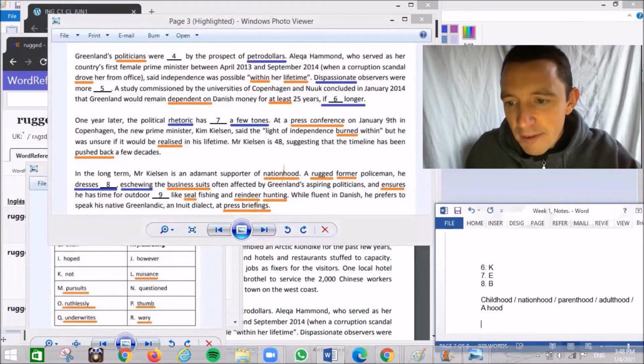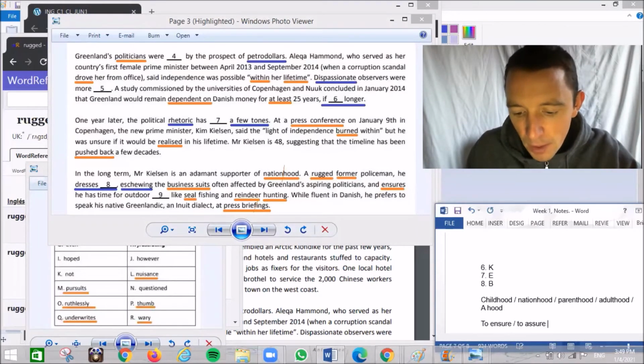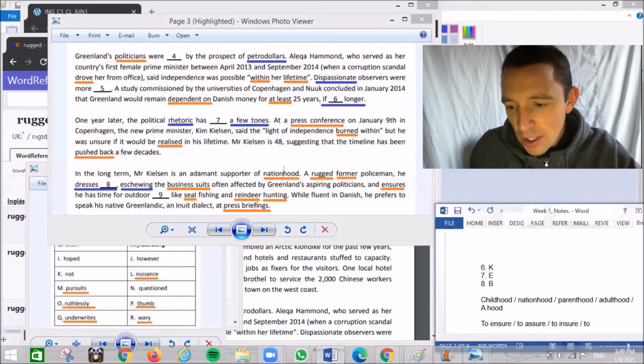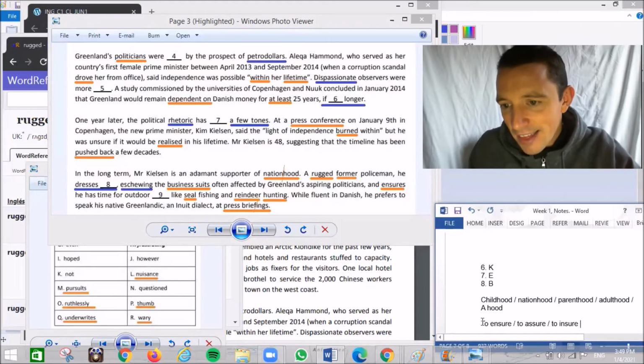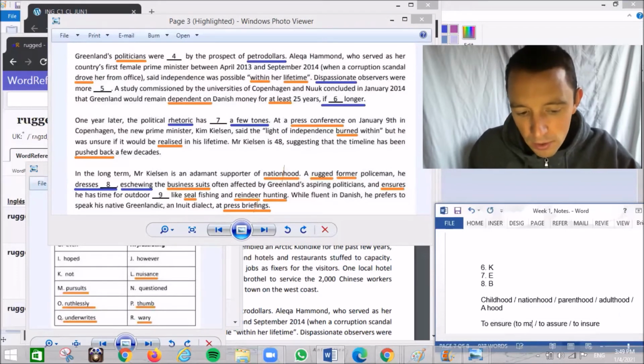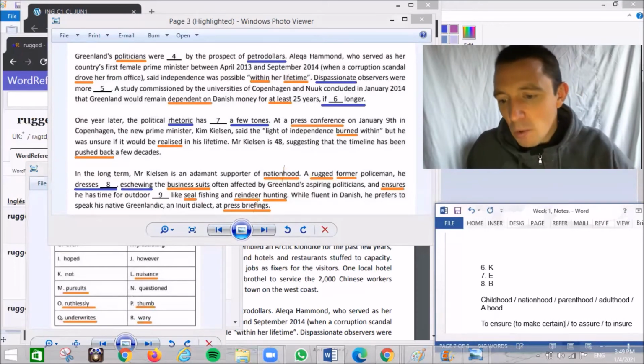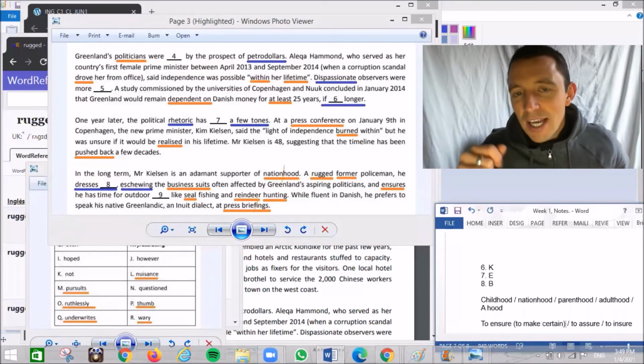So there is a few vocabulary here: to ensure, to assure, to insure. I think they're the three most important ones. Yeah. So ensure is like certain, to make certain. For example, when you leave the house, ensure the door is closed.